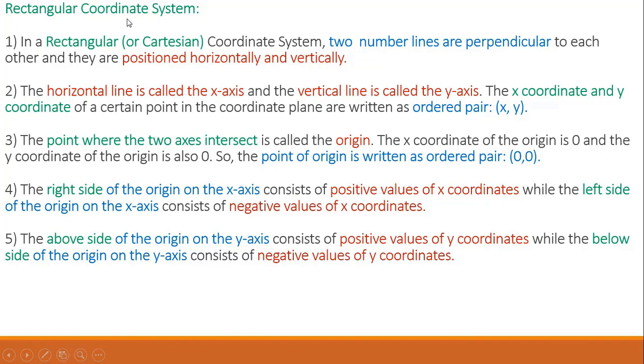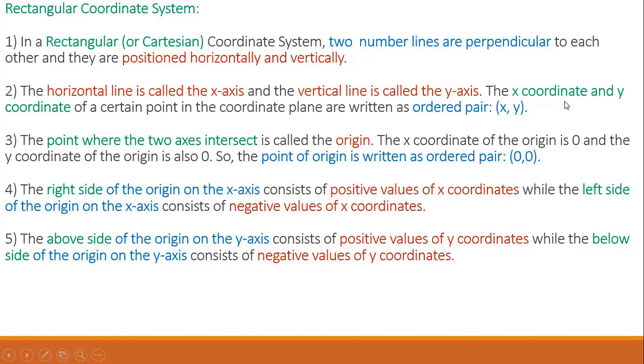Rectangular coordinate system. In a rectangular or Cartesian coordinate system, two number lines are perpendicular to each other and they are positioned horizontally and vertically. The horizontal line is called the x-axis and the vertical line is called the y-axis.